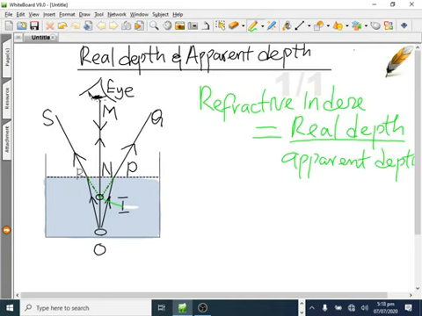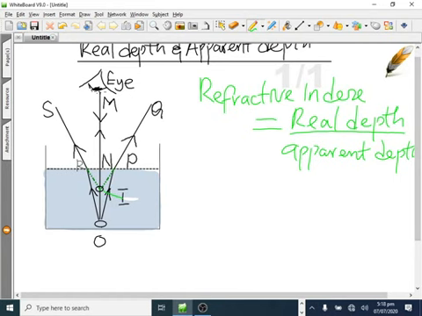I know you already have all this in your notes anyway. This is just an explanation of the notes. So your refractive index can also be your real depth over your apparent depth.